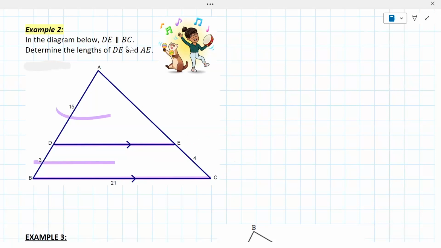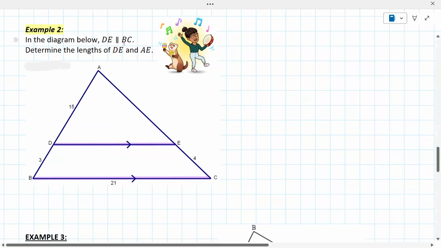Now, for sake of the fact that this lesson is not on proportion, it is on similarity, I'm not going to use the proportion theorem, but please understand that in a test, you definitely can. There's nothing wrong with that. But obviously, we're trying to practice some similarity here, so I'm going to use similarity. So the question is asking me to find the length of DE, which is this length in the middle, and then the length of AE, which is this line segment over here on AC.